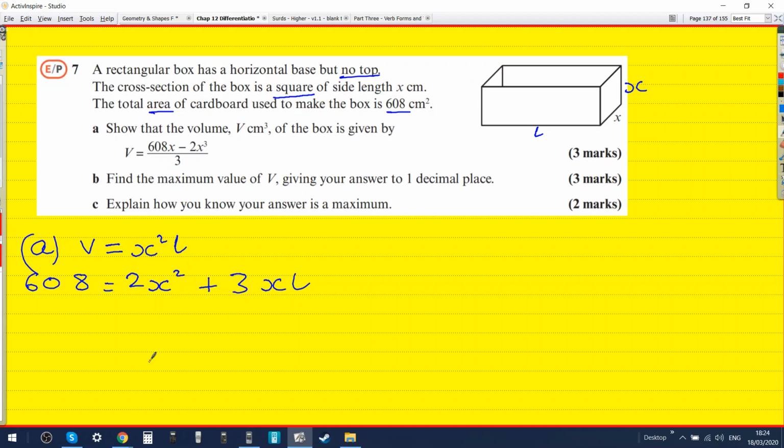Do you do x squared? No. L is equal to v over x squared. You could. We're trying to find v. We're trying to show that v is equal to this. What's different between their v and our v? L.